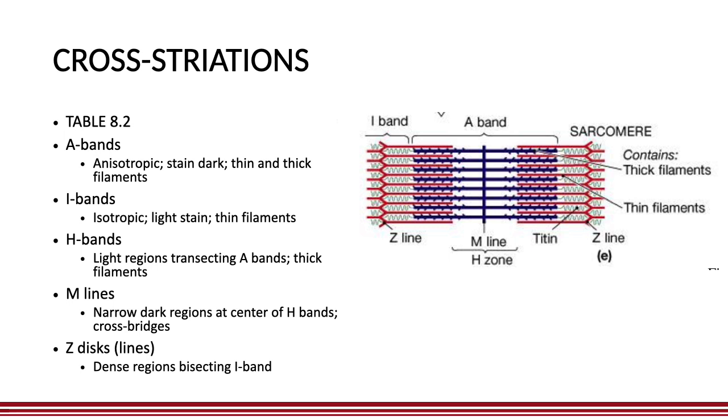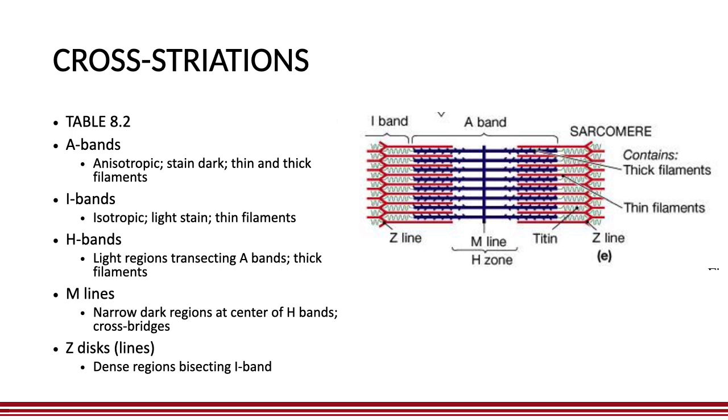Now, the H band or the H zone is the area wherein the actin filaments no longer cross.